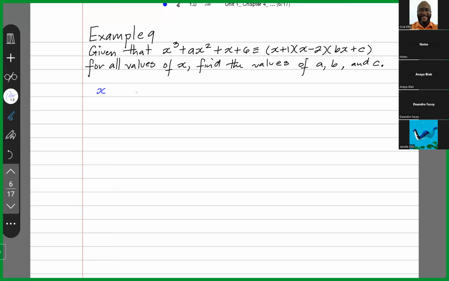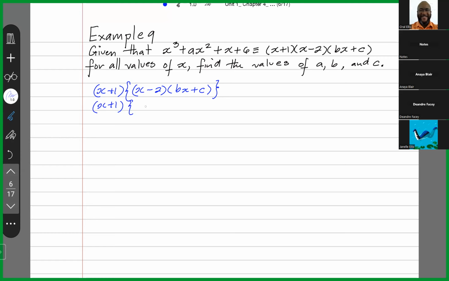We have x plus 1 multiplied by the product of x minus 2 and bx plus c. All right, so right by the x plus 1, let's multiply.